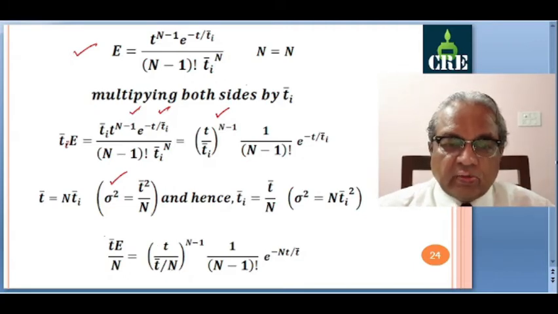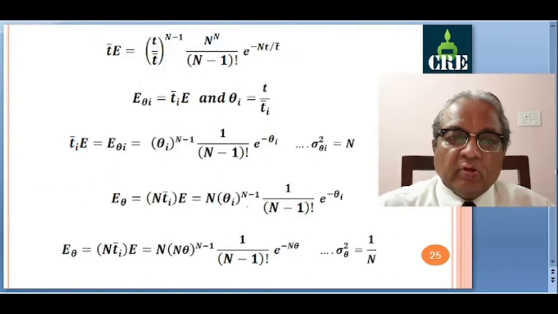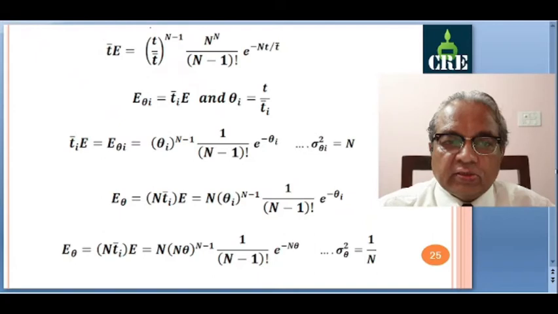This is 1 upon t bar by n raised to n minus 1. If you take this n in the numerator, it is n raised to n minus 1. And if you transfer this on this side, it is n raised to plus 1. So minus 1 plus 1 cancels out, and you get n raised to n in the numerator, and the bracket will be simply t by t bar raised to n minus 1. So t bar into E is t by t bar raised to n minus 1. This n raised to n term is here, and the rest of the terms remain as they are.